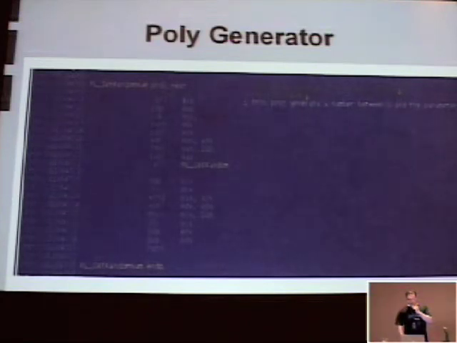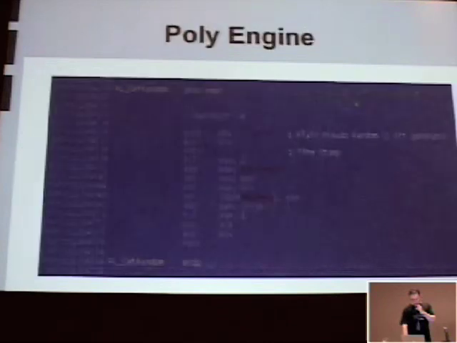This is a wrapper around the pseudo-random number generator function. It's just a function to generate a number between 0 and the parameter. And this is the actual pseudo-random number generator.